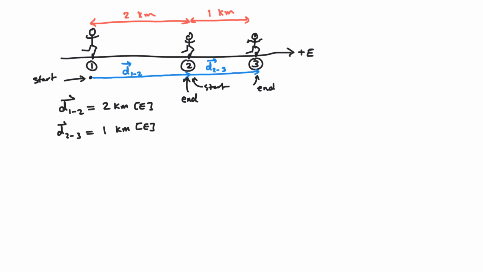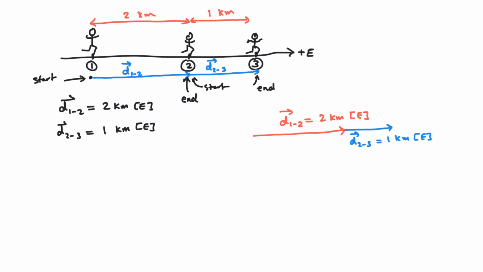So geometrically, if I were to draw this outside of this location, this would be the first vector, D1 to 2, and this is 2 kilometers in the east direction. And the second vector, I'm going to add it right here. This is D2 to 3, and this is 1 kilometer in the east direction.